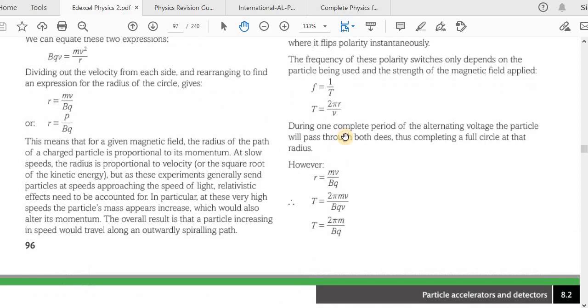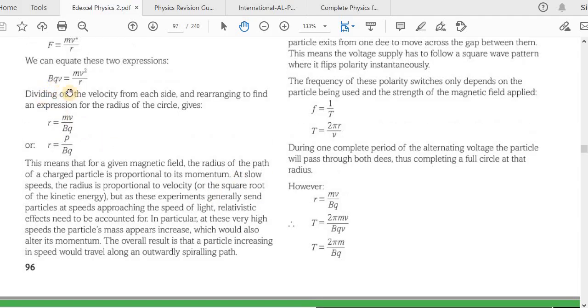So then you have this. Now what is this? Remember this, we saw it here. The magnetic force is the centripetal force. So from that only we get this, and once we have this, you can see that MV is that.